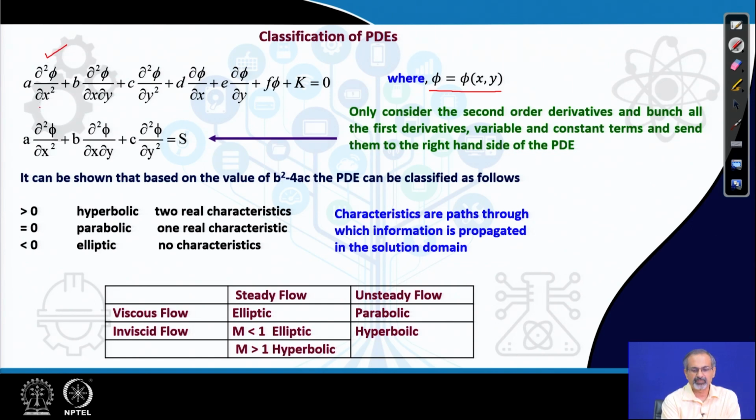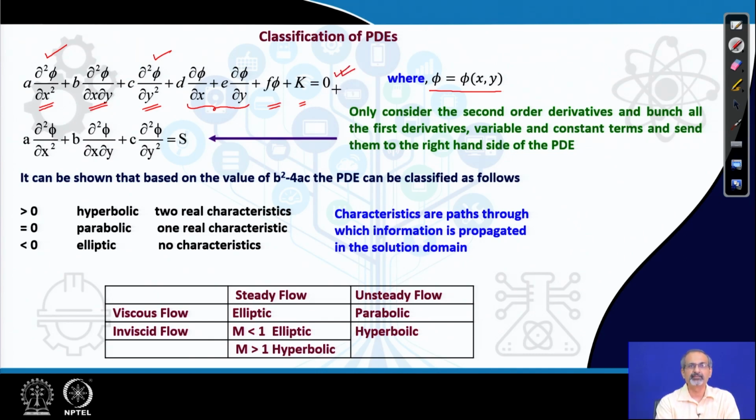So, you have second order partial derivatives of phi with respect to x, with respect to y, and a mixed derivative in both x and y. These are followed by first order derivatives, followed by the variable phi as well as a constant term k. This entire expression equates to 0. So, this is the partial differential equation that we have in hand.